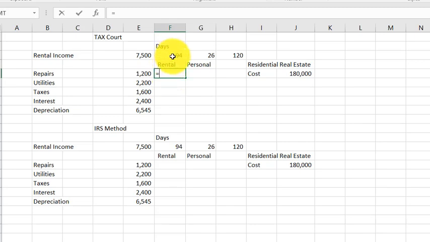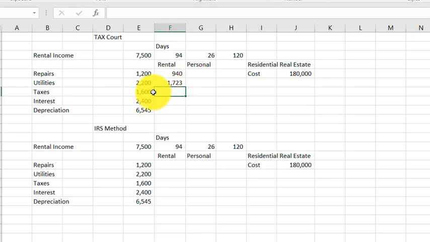So we're going to take the number of days for rental divided by 120, and multiply that by the repairs and get the amount for each one of those. For utilities as well. So that's how much is going to be for rental, for repairs and for utilities.